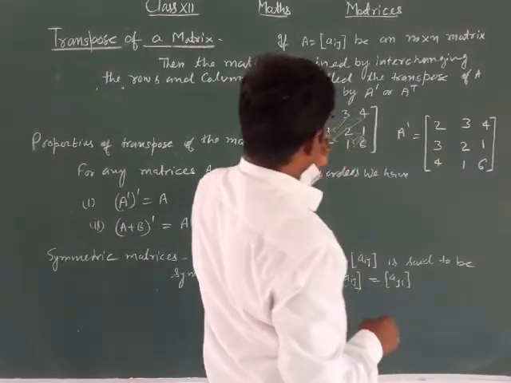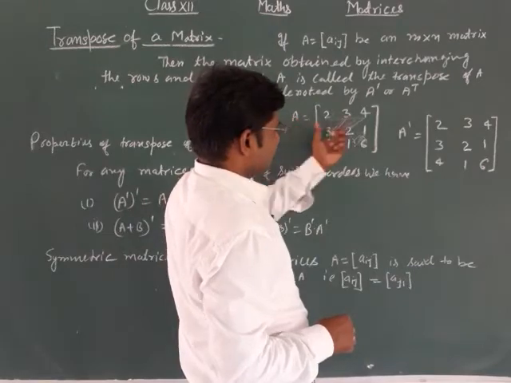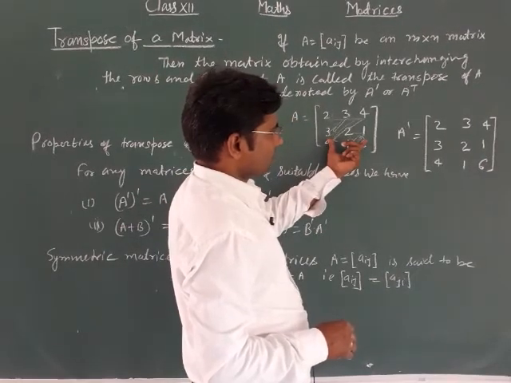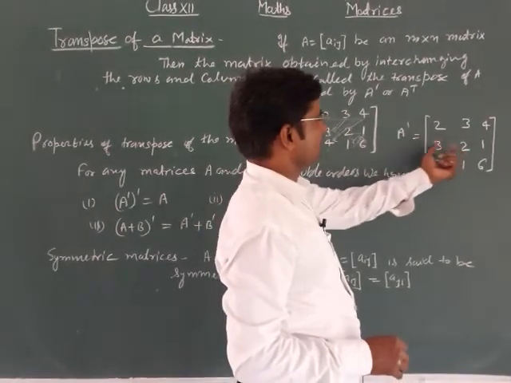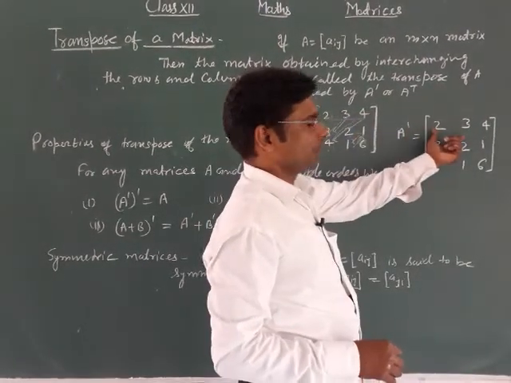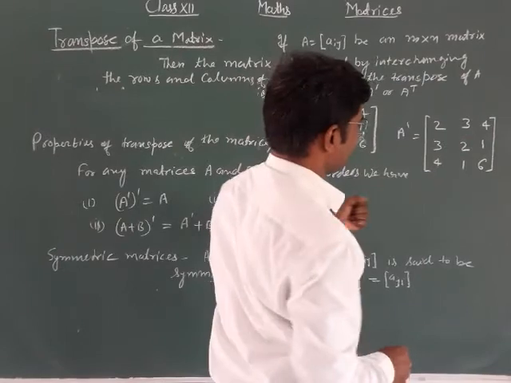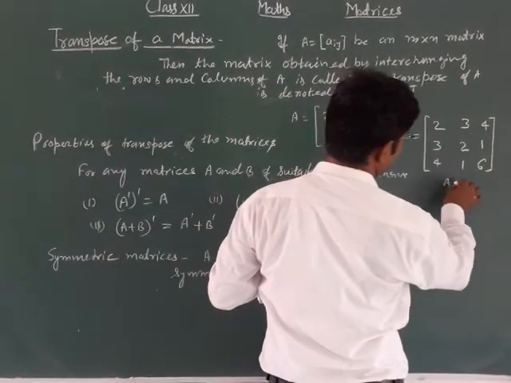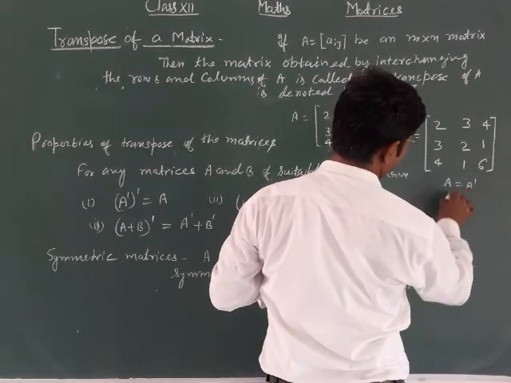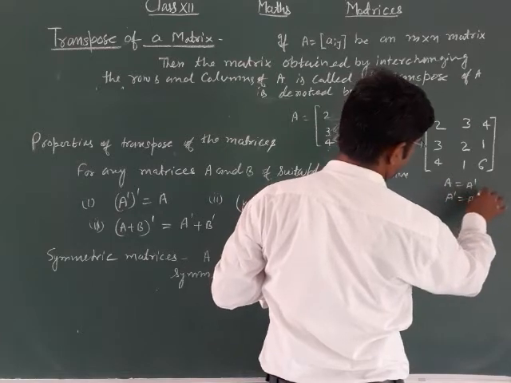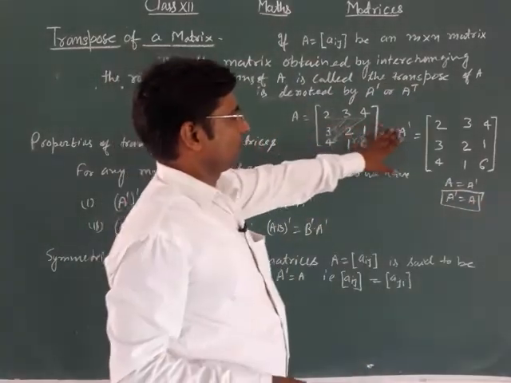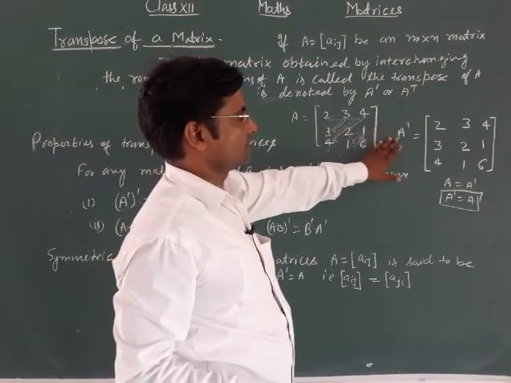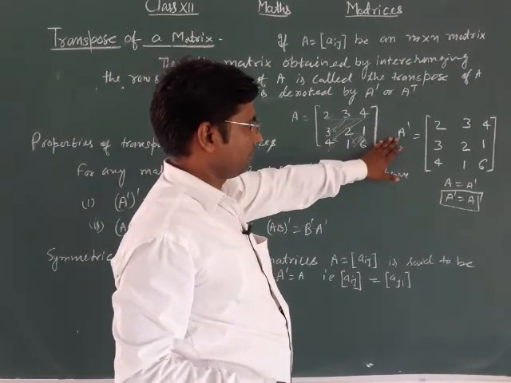Now A is this matrix and A dash is this matrix. The elements are the same and the positions are also the same. So A is equal to A dash, or A dash is equal to A. This is a symmetric matrix.